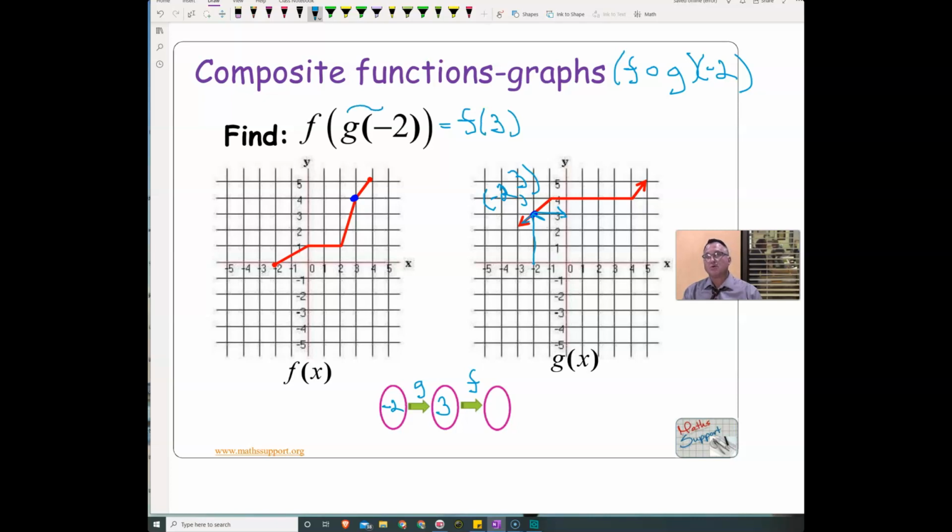Took this whole notation out and I just replaced it with 3. Now 3 is the input over here. So we draw a vertical line, crosses, and it creates an output of 4. So now this all gets replaced with a 4.